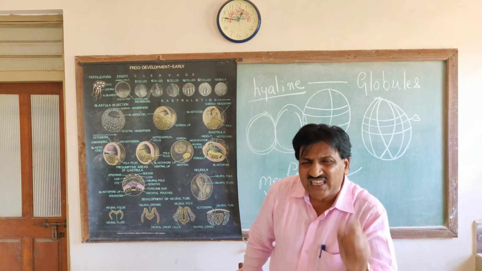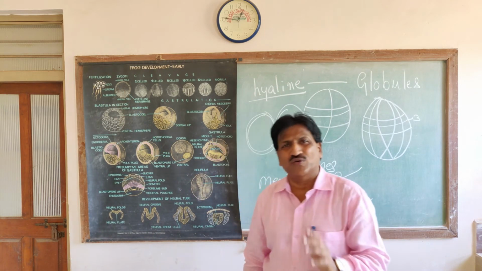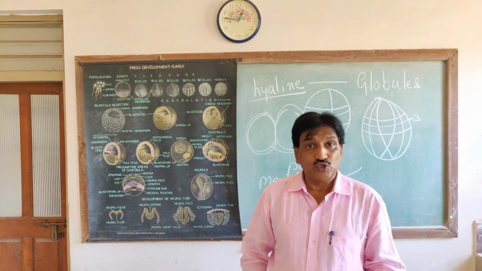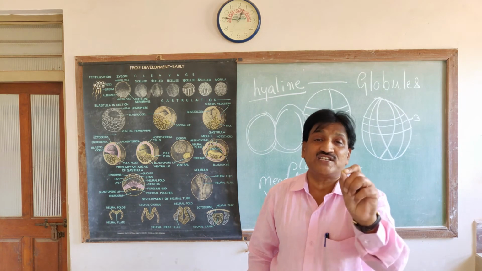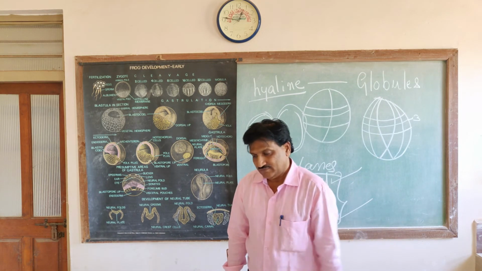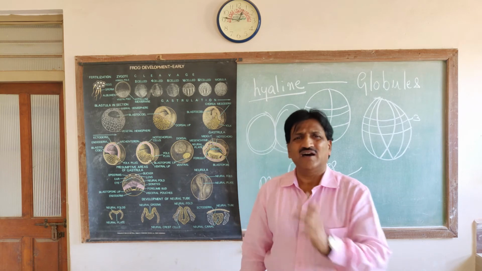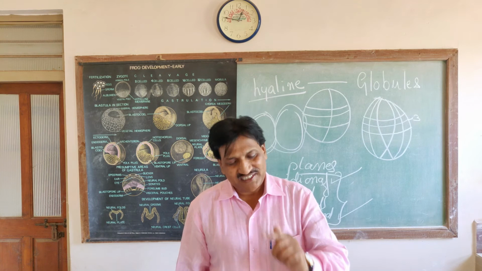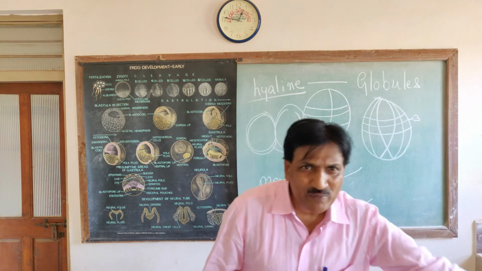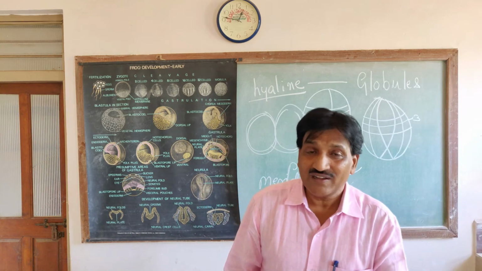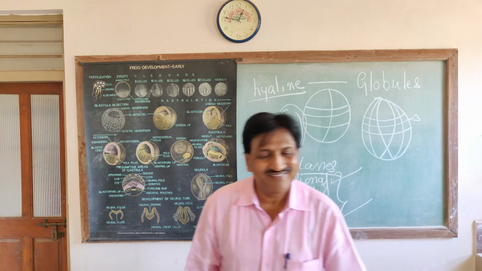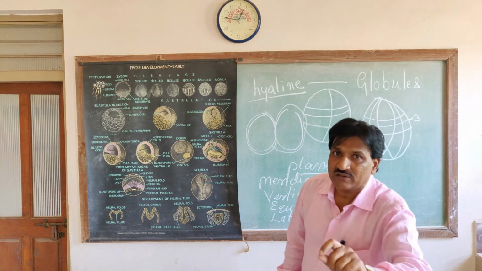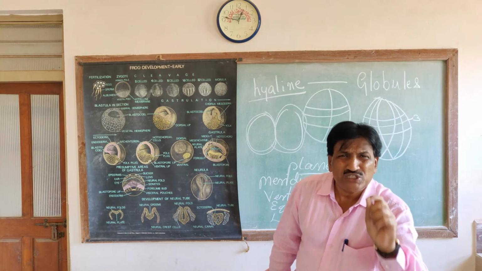A single cell zygote is converted into many cells through a process called cleavage. With the help of cleavage, the single cell zygote transforms into many cells called blastomeres. That is called blastulation.